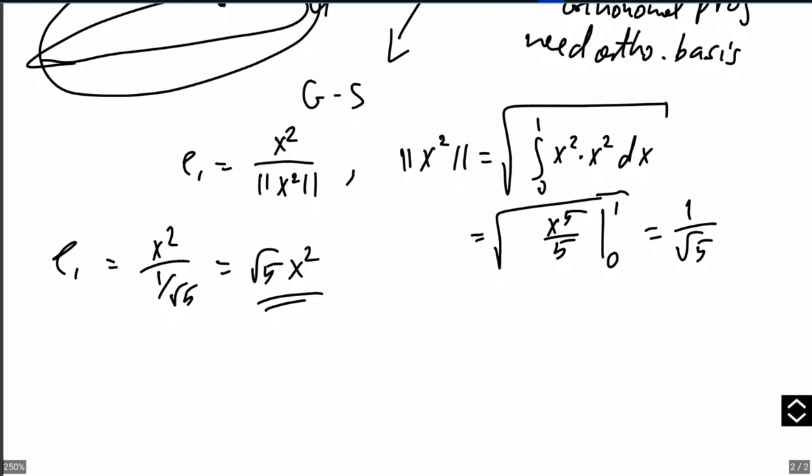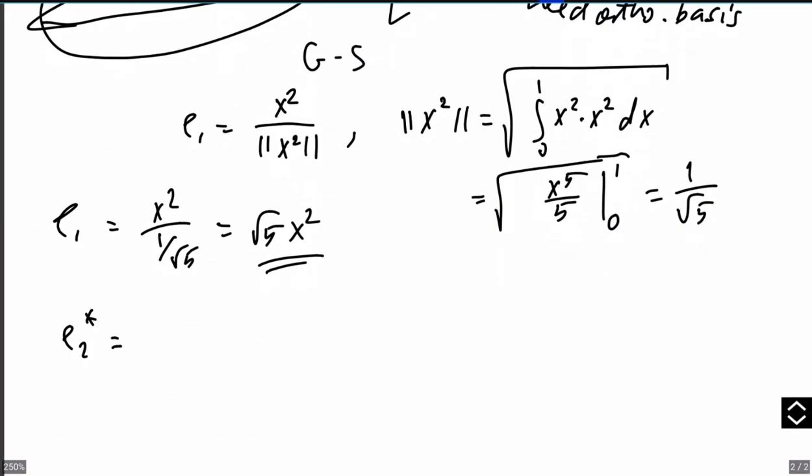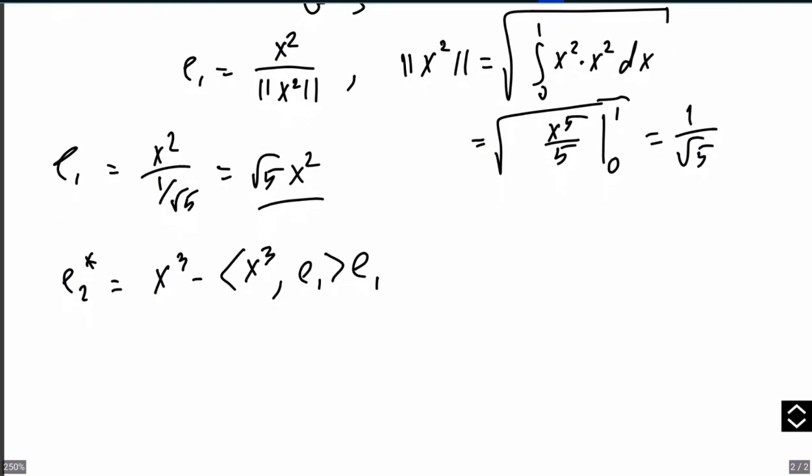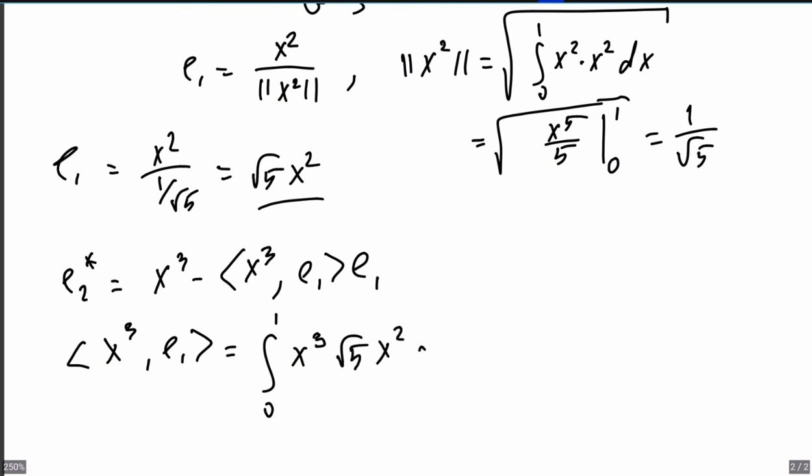And then the second one, e2. First we calculate the unnormalized version, which is the next basis element, x cubed, minus the inner product of x cubed with e1 times e1. So we have to calculate the inner product of x cubed and e1, which is the integral from 0 to 1 of x cubed times square root of 5 x squared dx.